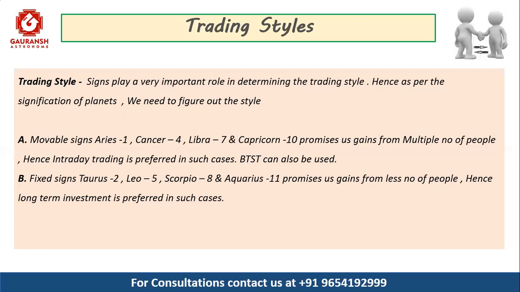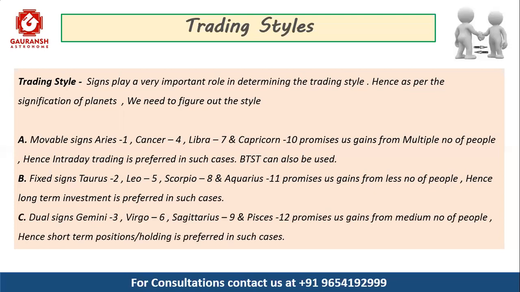So if these signs become very prominent, along with the chart promising gains, usually a long-term investment, in which we do not interact on a daily basis or on a regular basis, is preferred.